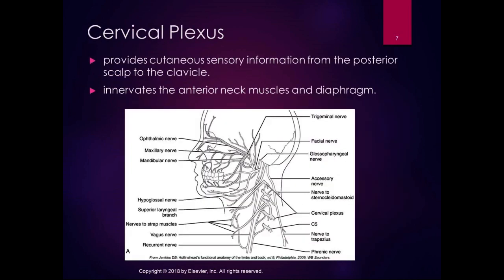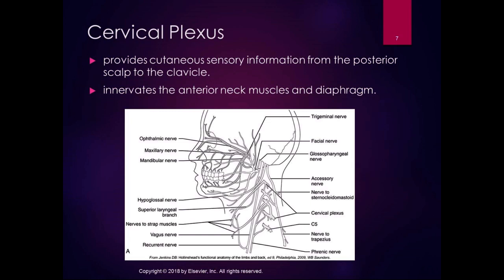I like it. The cervical plexus provides cutaneous sensory information from the posterior scalp to the clavicle. And it innervates the anterior neck muscles and the diaphragm. Okay, pretty important plexus, right? Because it innervates the diaphragm. If we don't have that innervation, we can't breathe.